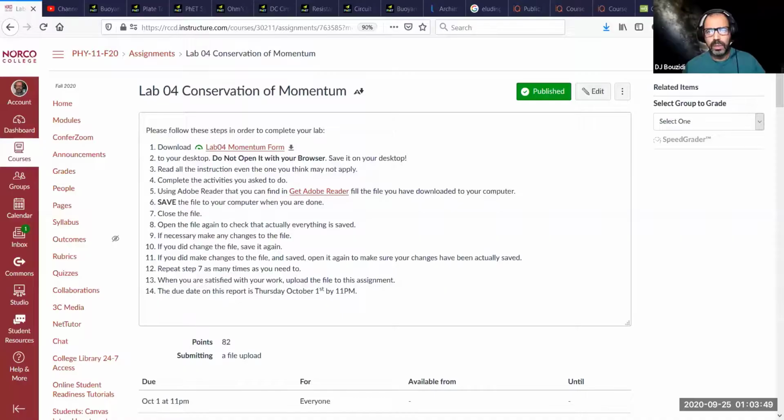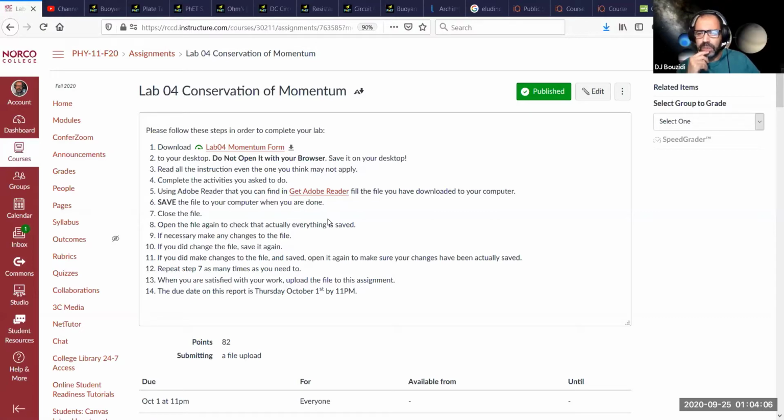Let me come back to Zoom now and share Lab 4 with you. Okay. So this is typical instructions that we're familiar with now, more or less. Hopefully by now you know exactly what you're doing when you come to Canvas, where to go and what to do. You download the lab instructions, and from there you start working on your lab.